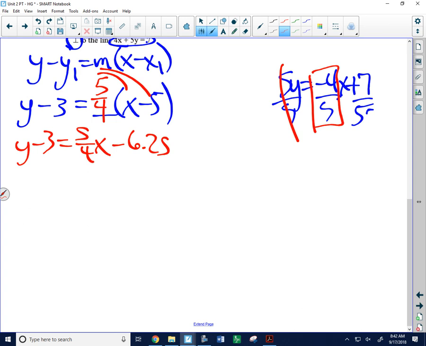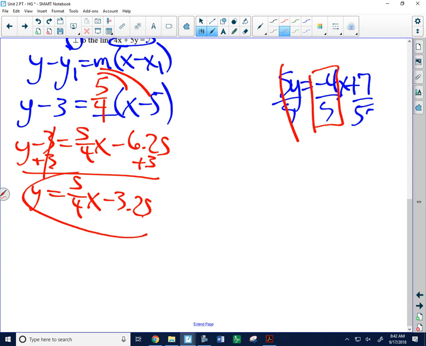Okay, so fraction or decimal either way. And then I'm going to add 3 to finish up. So minus 3.25. I probably put my answer in fraction form. What is this? 10. Yeah, 13 over 4 would be 3 1/4, or 3.25.